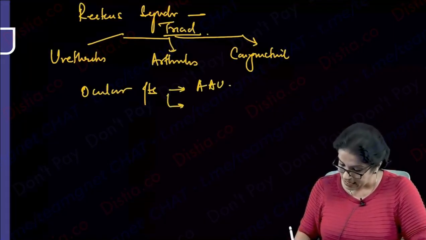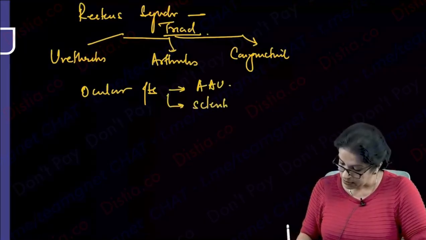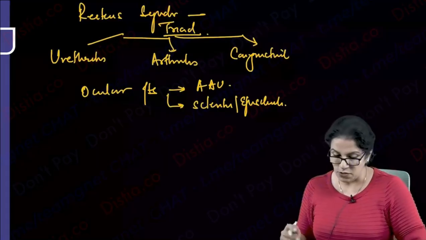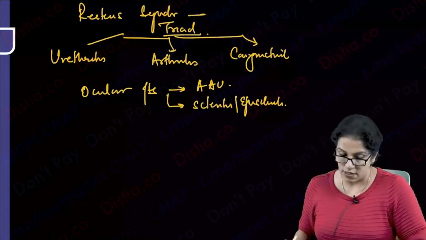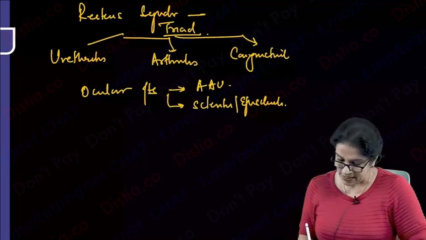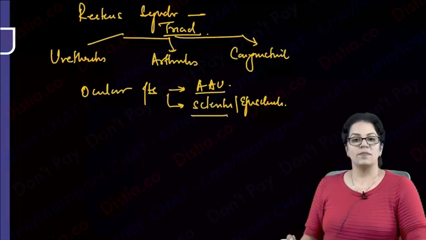It can present as even scleritis, episcleritis, and let's not go too much in detail, you'll get confused. But all these features are also associated with uveitis and scleritis and episcleritis.